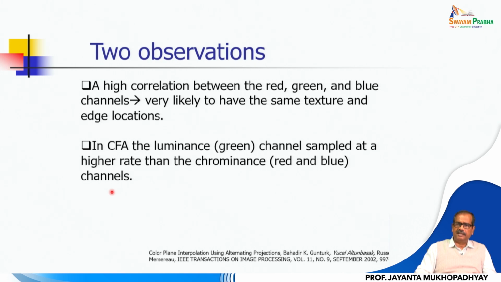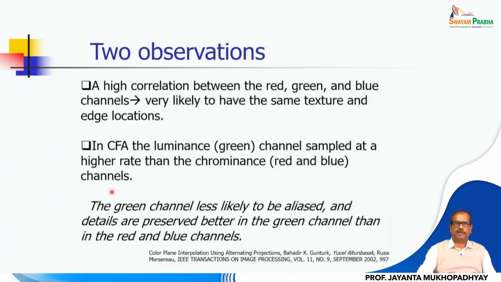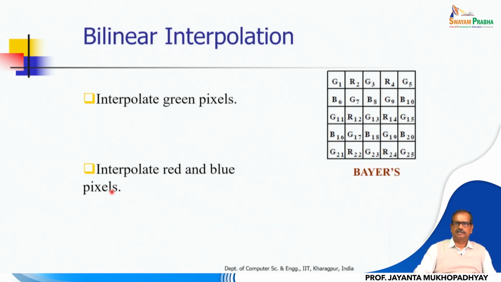But in the green channel, the luminance sensitivity is high in that green wavelength zone. And that's why we sample green at twice the rate of red and blue. If we see the Bayer pattern, these two observations are important, and accordingly those patterns are designed. So some techniques I will discuss.